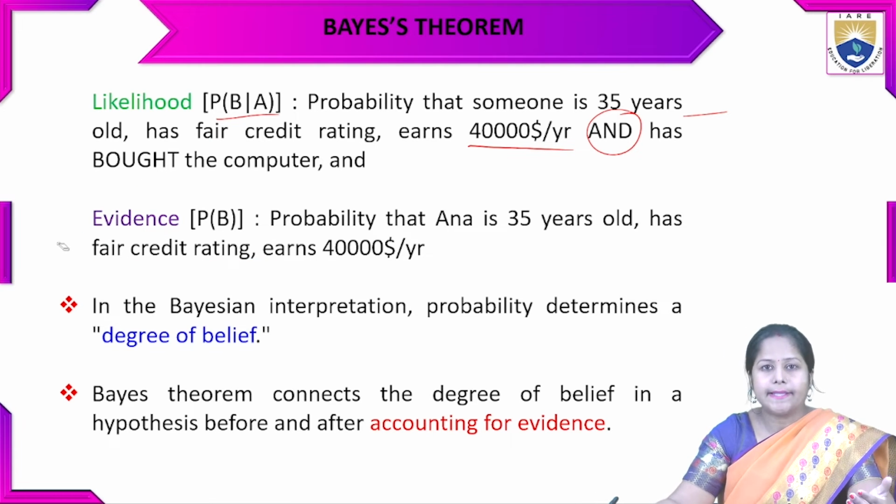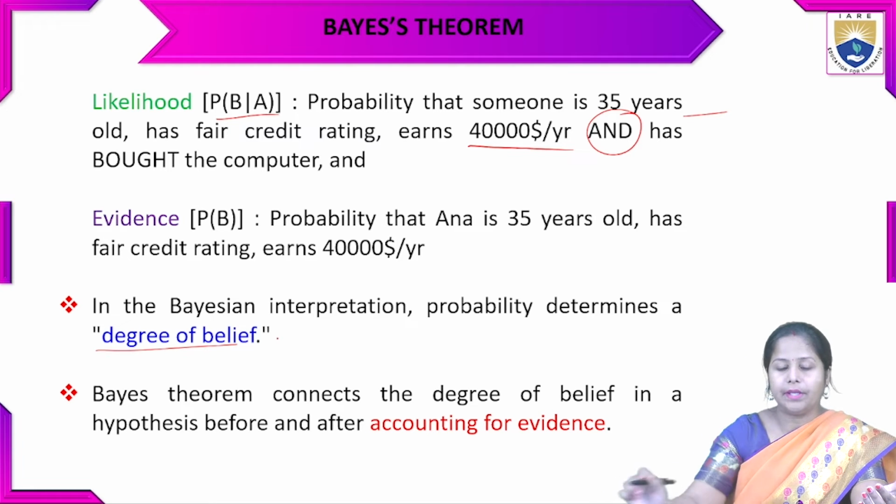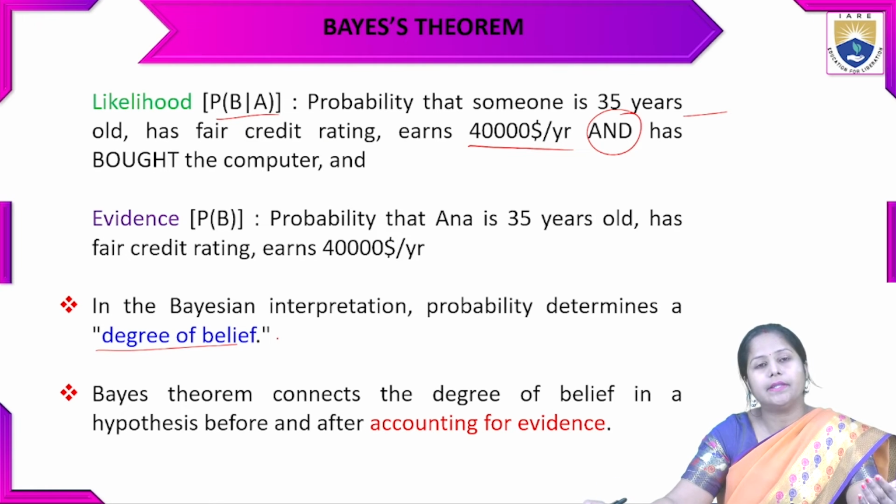Now, in the Bayesian interpretation, probability determines the degree of belief. Probability is nothing but the degree of belief we have that some event is occurring or not. The event is going to occur or not. So the two outcomes work like a binary, either yes or no, right?